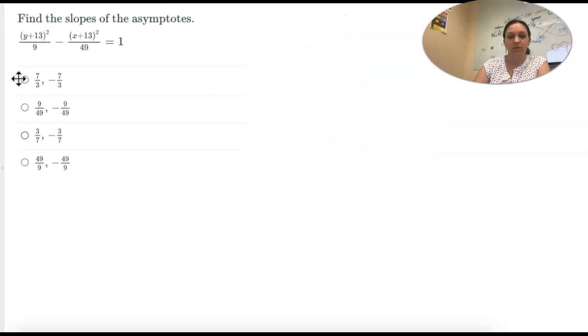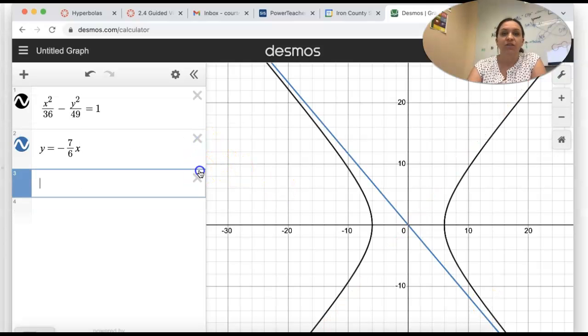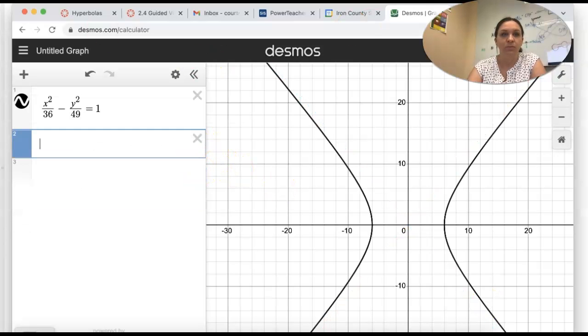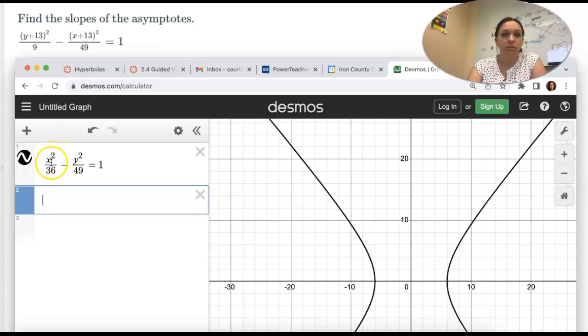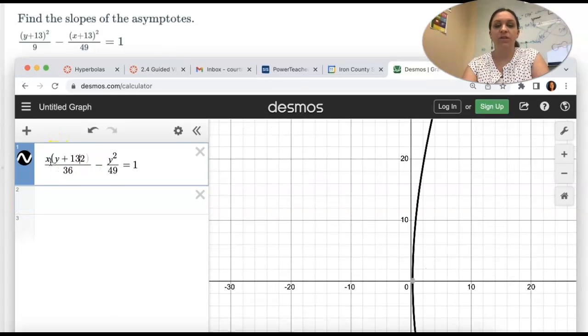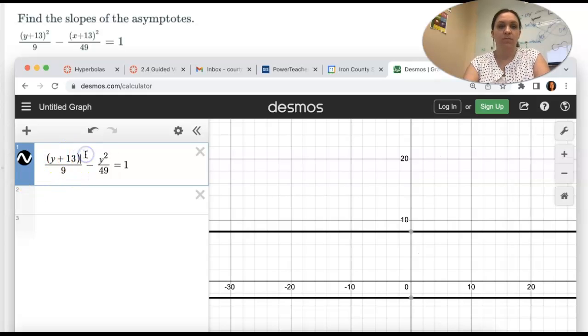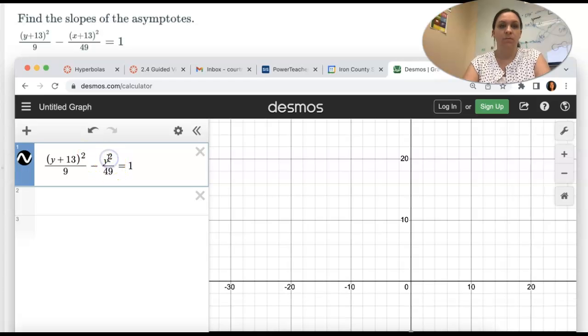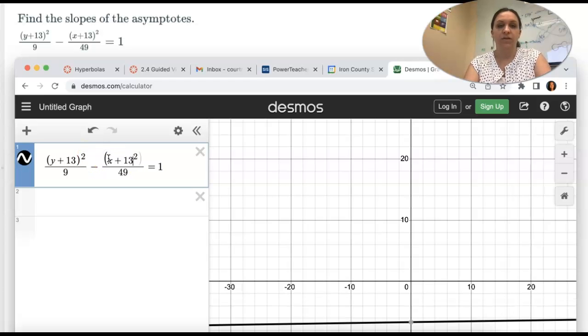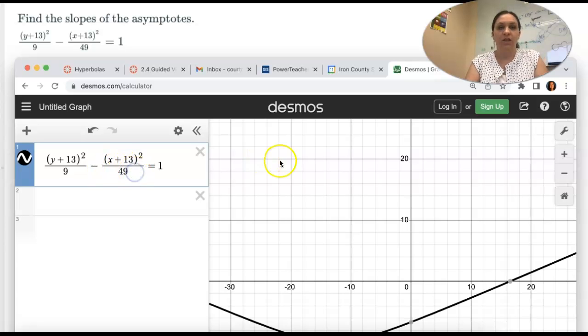Okay, here's another one, but this time we have some shifts. So again, it works just like our circles, just like our ellipse. So if that was y plus 13 over 9, and x plus 13 over 49.